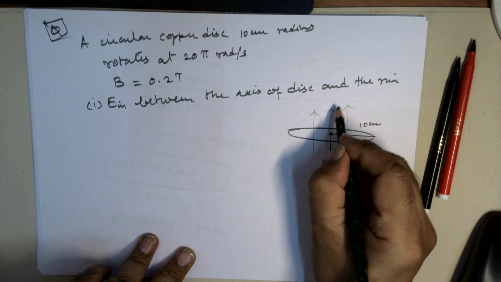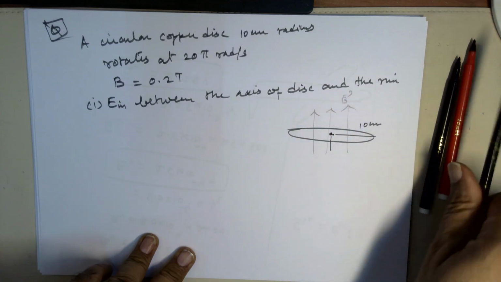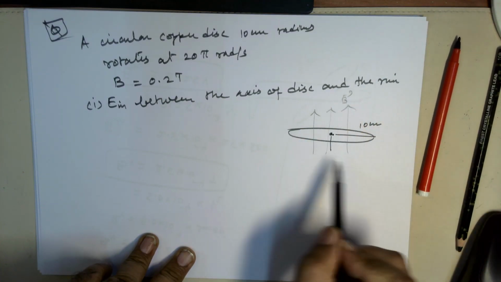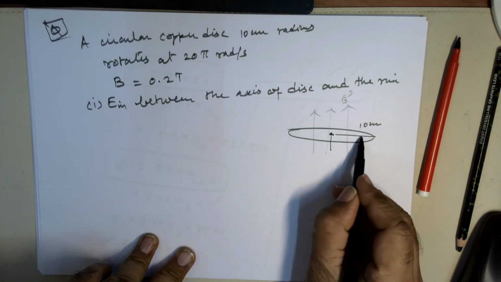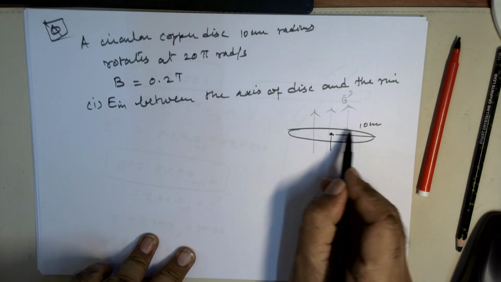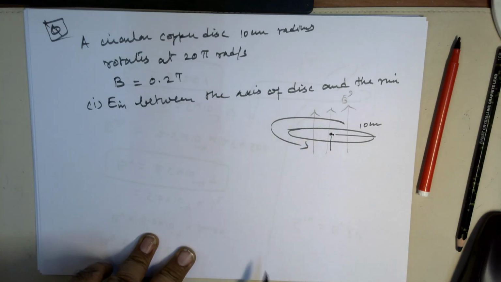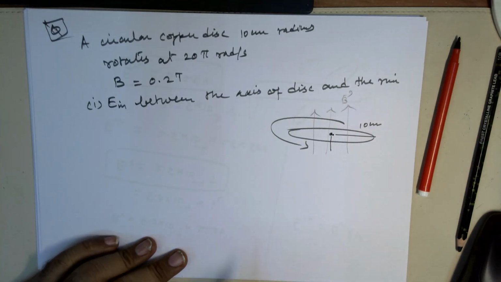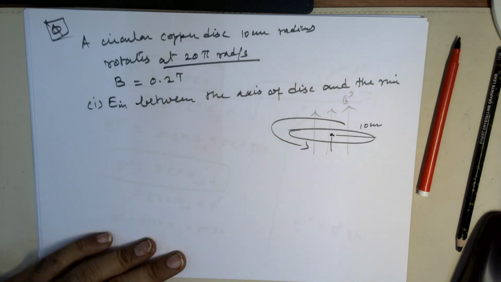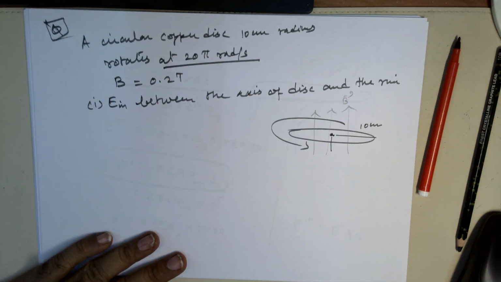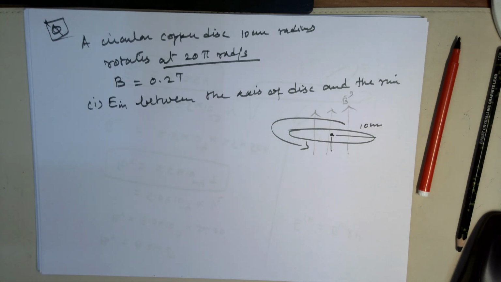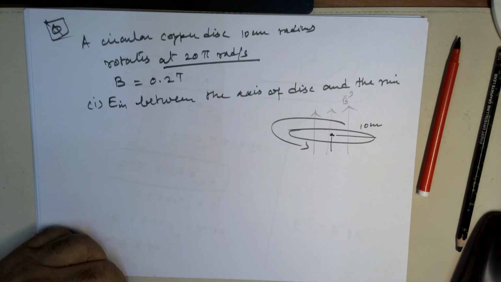This is the direction of the magnetic field, and this is the rotating wheel. So the radius is moving like this, because it is rotating. And it is rotating at 20 pi radian per second.